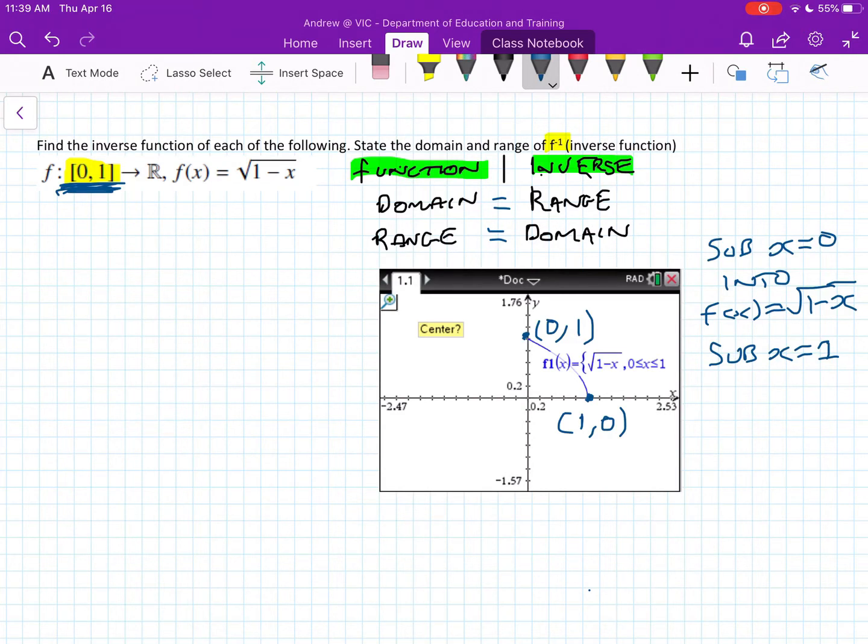So firstly, our function, the domain. Remember, domain is the x values, so these are the x values it goes over.